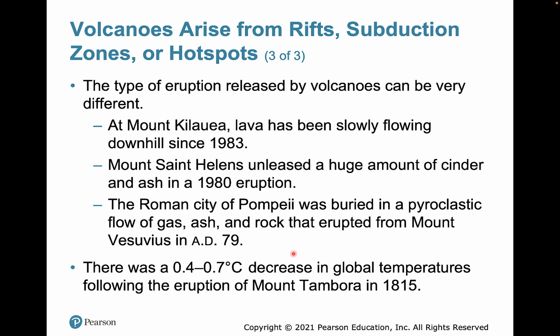So there are different kinds of eruptions that are determined by the magma and gas content within the volcano itself. And we're not going to get into that because it's definitely beyond the scope of our course.